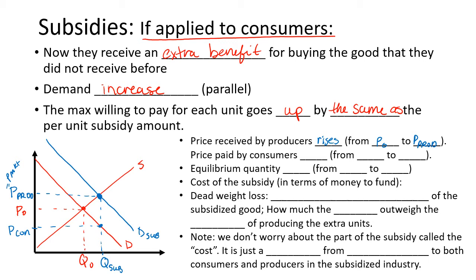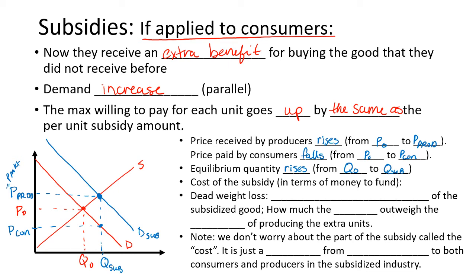But the price paid by consumers is falling, because while producers are getting more for their product, the government is paying part of it. So that goes from P0 to P con. The equilibrium quantity is also rising because it's going from the original amount to the higher subsidized amount, because when you pay people to do stuff, they do more of it.